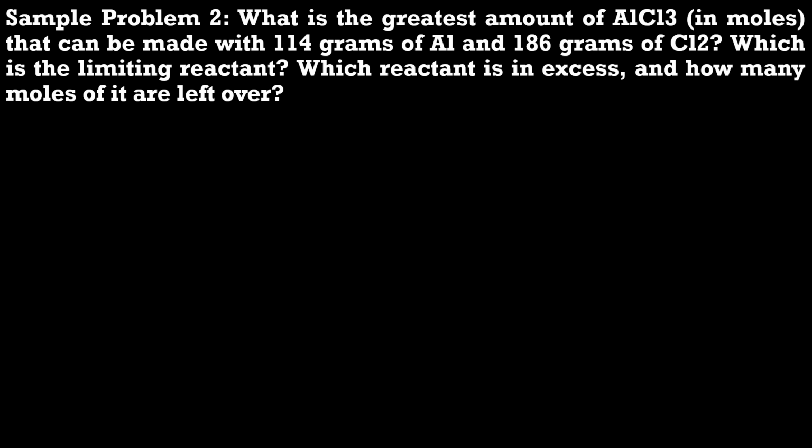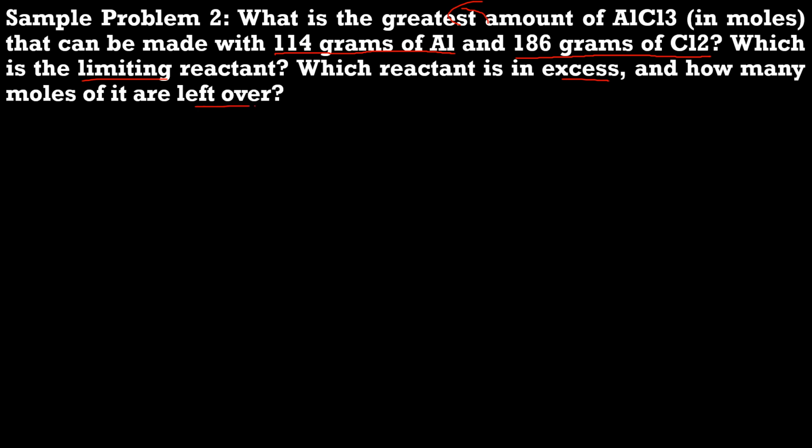So if we check the problem, we only have two given: 114 grams of aluminum and 186 grams of Cl2. And we have four unknowns: the greatest amount of AlCl3, which is the product, the limiting reactant, the excess reactant, and the leftover.